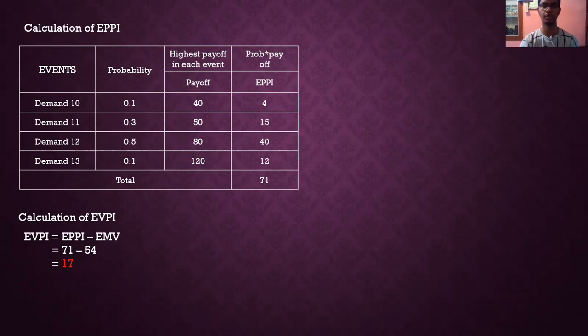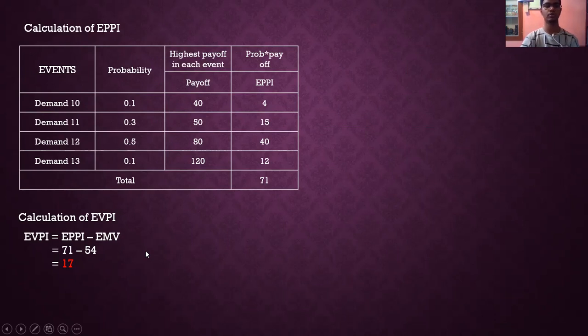With the help of the regret table, we find EOL. After finding EOL, we come to EPPI, for which we have the formula. EVPI also has a formula: EVPI is equal to EPPI minus EMV. By subtracting, we get the final value. So this is how this sum works.